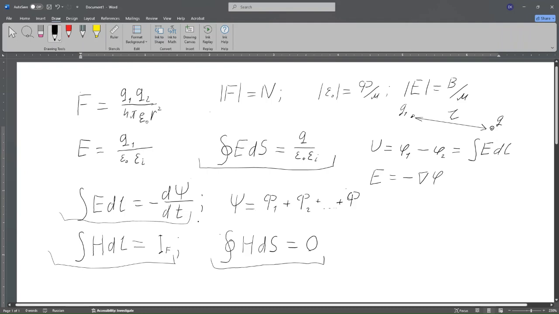In detail, Faraday's law, we know it is the electrical induction law.